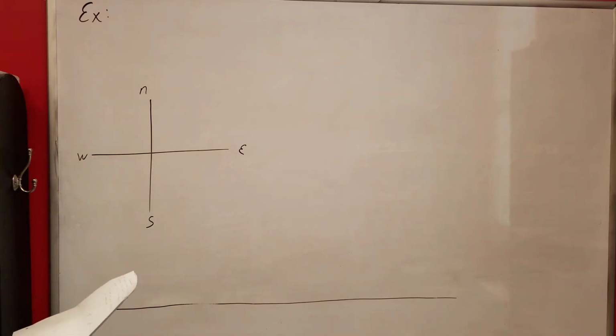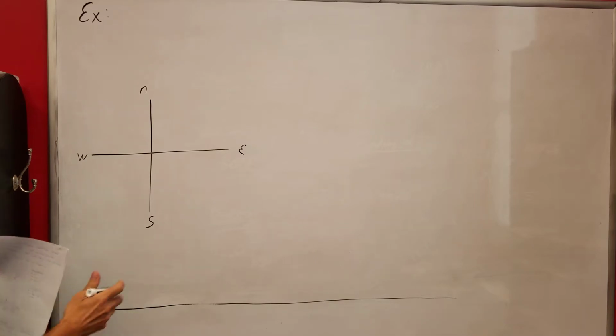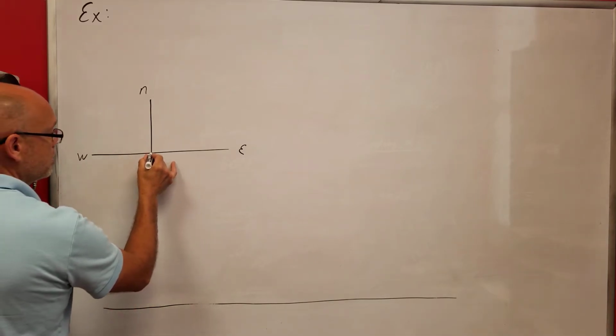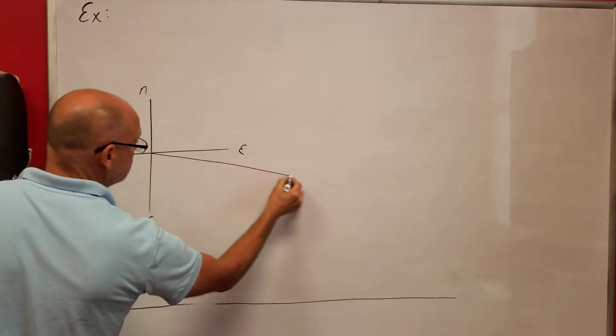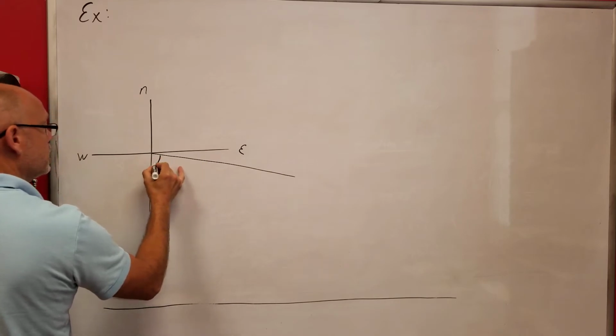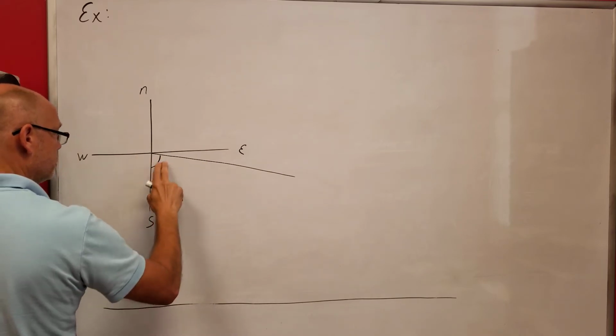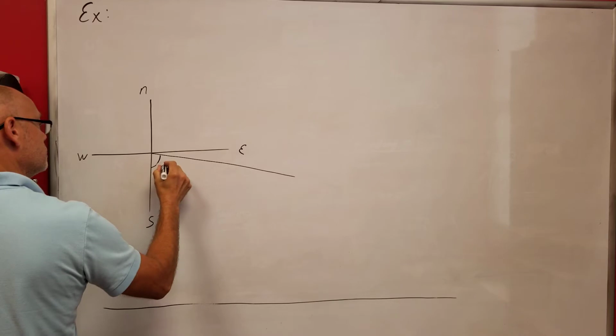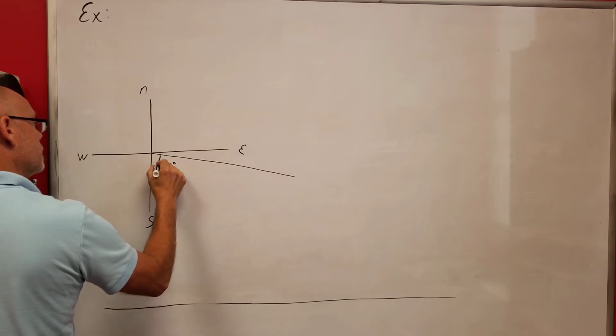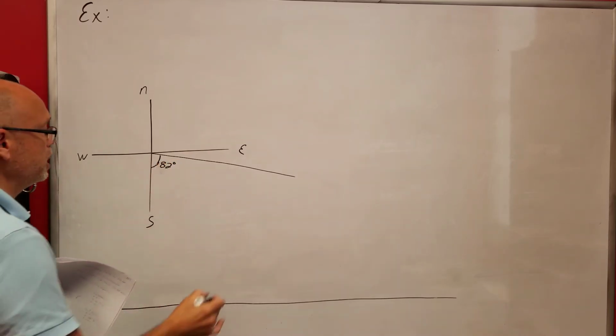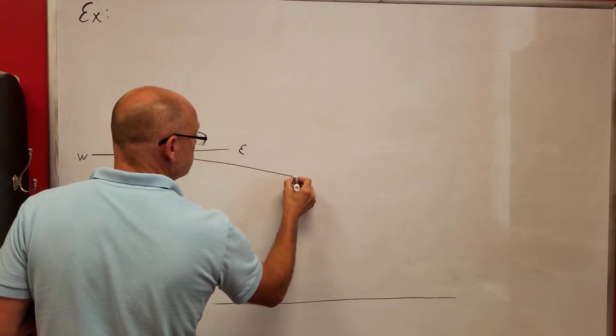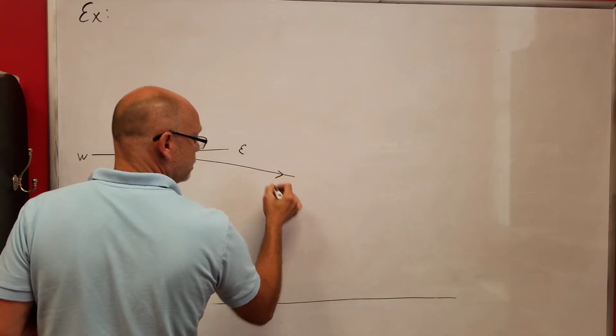Now, how does it say the plane is flying? South, 82 degrees east. So it's going southeast, something like this. And this angle right here is 82 degrees. So my plane's flying something like this.